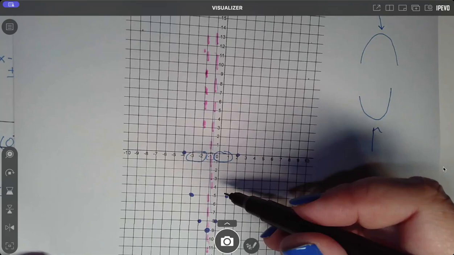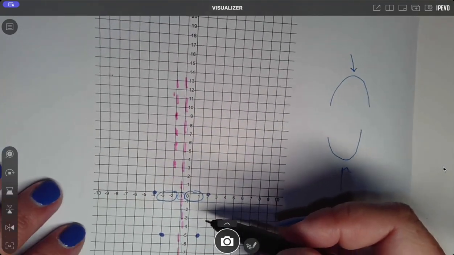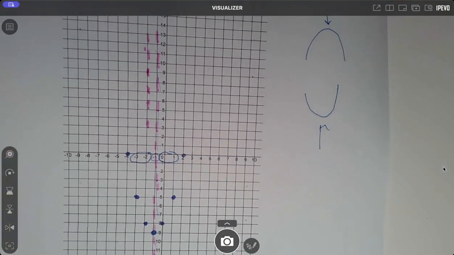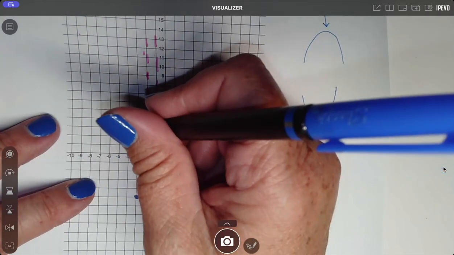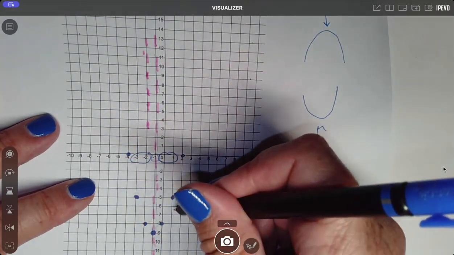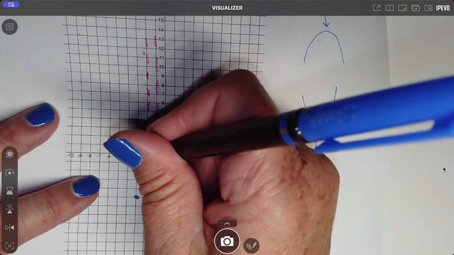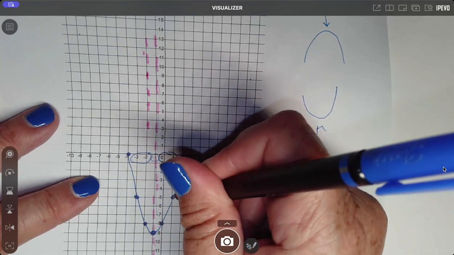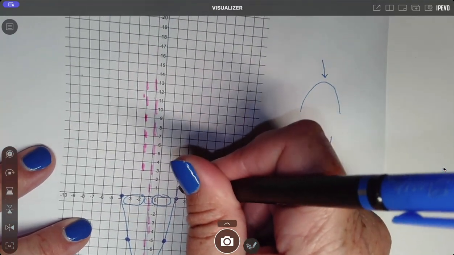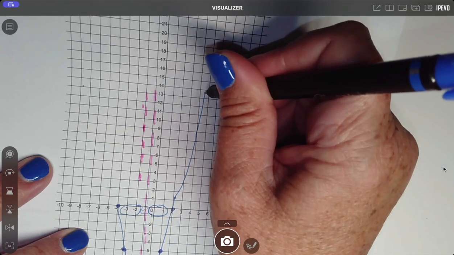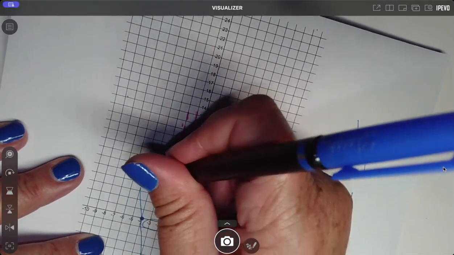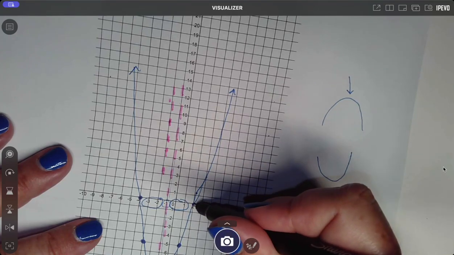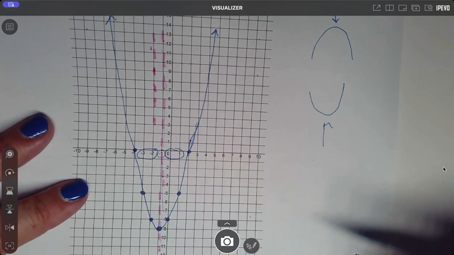So I have the points of my parabola now, and I'm connecting these using a curve shape. I'm going to try to sketch this and do the best I can to keep a smooth curve. And then remember, this goes on to infinity. Whoops, I didn't mean to do that there. Let's fix that a little bit. And there's my parabola.